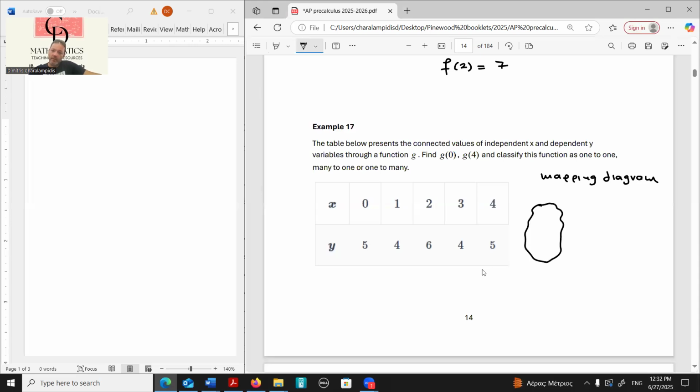At the left, I will gather all the x values, 0, 1, 2, 3, and 4. And at the right, I will gather all the output values, 5, 4, 6. I'm not going to write 4 again. I already have that. Neither 5.